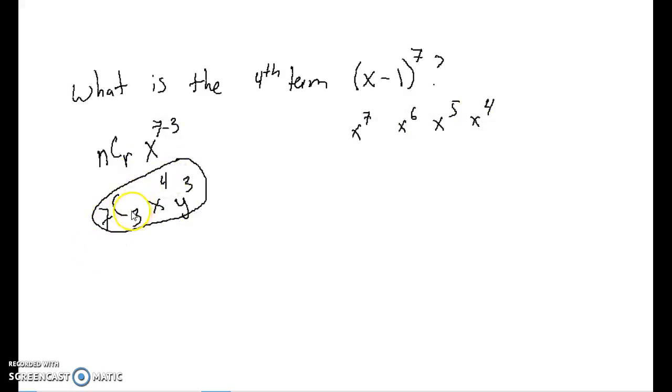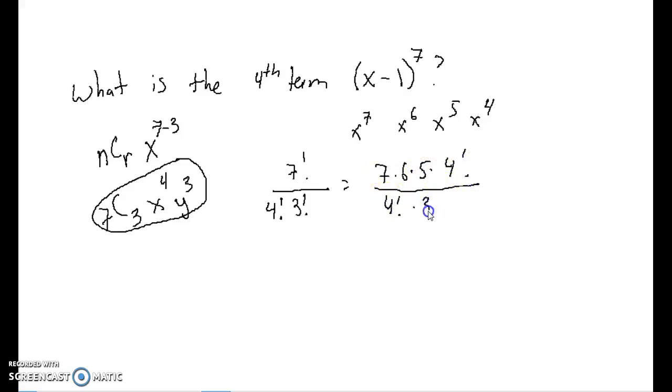I need to use my equation. So this will be 7 factorial over 7 minus 3 factorial, which is 4 factorial, times 3 factorial. So 7 times 6 times 5 times 4 factorial, over 4 factorial times 3 times 2 times 1. The 4 factorials cancel out, and 3 times 2 times 1 cancels out with 6. We are left with 35.